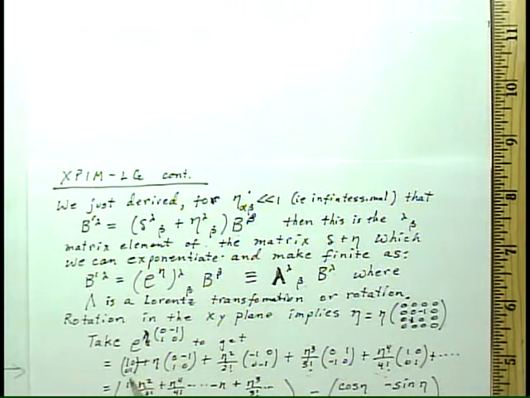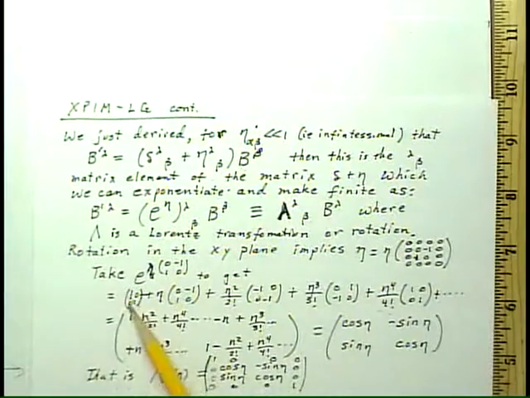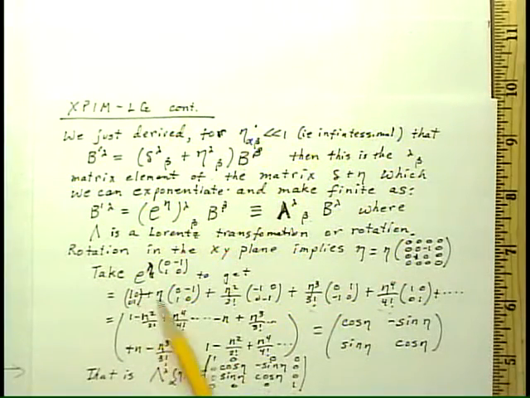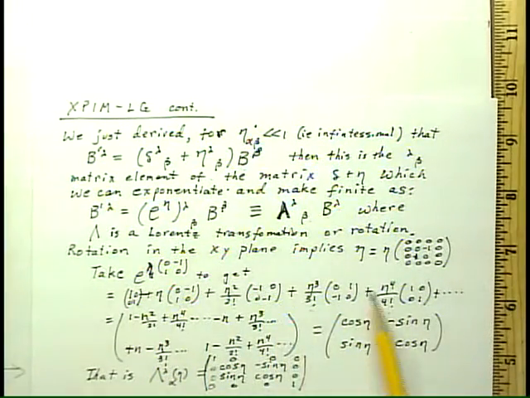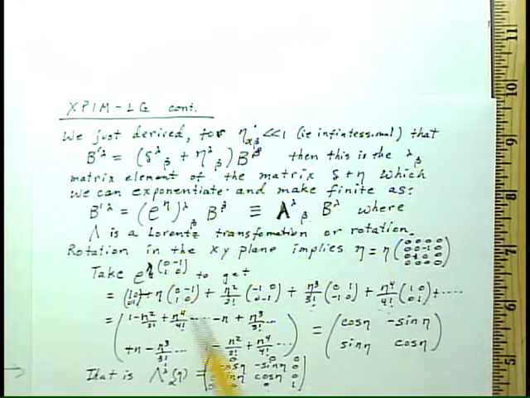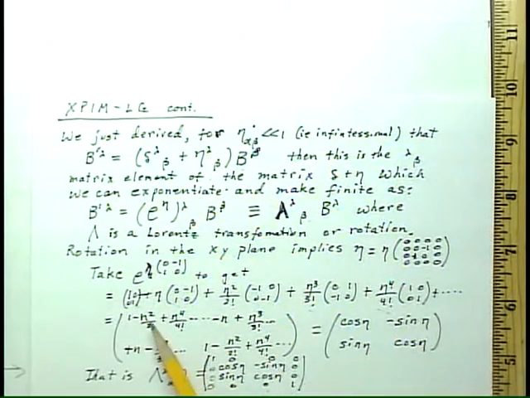Now, writing this in a matrix form, let's look first at the diagonal. You'll notice that the diagonal terms here, 1 and 1, only appear in every even power: the 0th power, the square, the 4th power, and so forth. And so what are they?